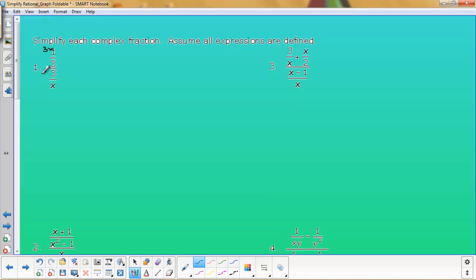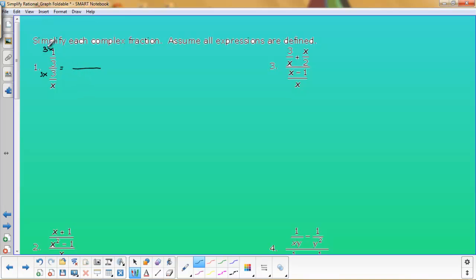So we'll put a 3x there and a 3x there. Then we're going to cancel the fraction from the numerator and the fraction from the denominator, leaving a normal fraction rather than a complex one.